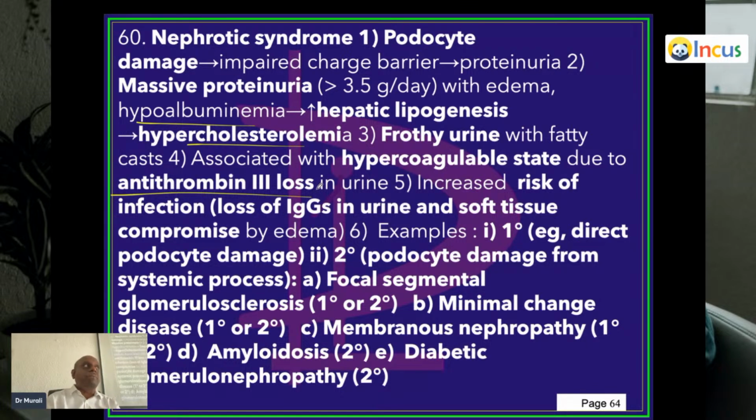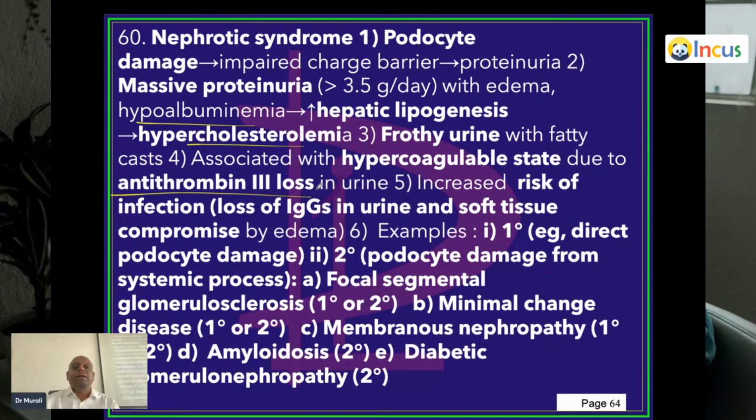So if the antithrombin 3 is not there, there is nobody to inactivate factor 2A, which is thrombin. That leads to hypercoagulable state. A patient of nephrotic syndrome comes with a swollen leg because of the presence of deep vein thrombosis. Similarly, immunoglobulins are lost into urine. That's the reason there is an increased risk of infection.